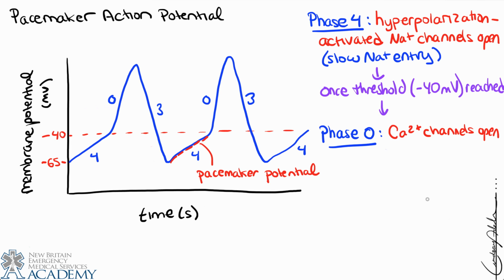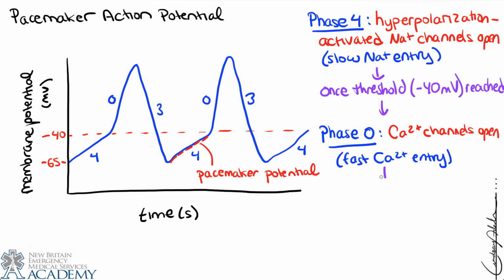It's a little important, but it's not going to be super important for the majority of our physiology discussion. Now, the opening of the calcium channels causes rapid calcium entry and is basically the primary depolarization of the pacemaker cells.